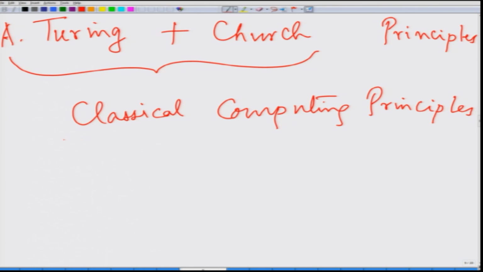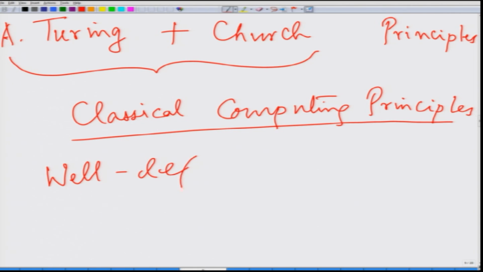Okay. So in this classical computing, the problems are well defined. So there are all these well defined problems, and these well defined problems can be settled on a computation basis.